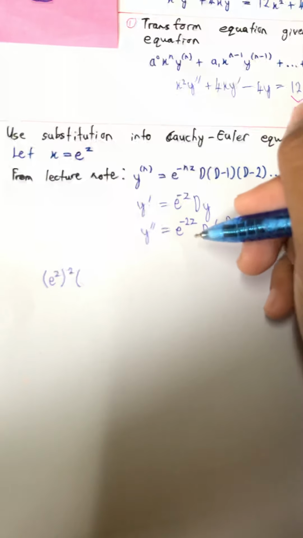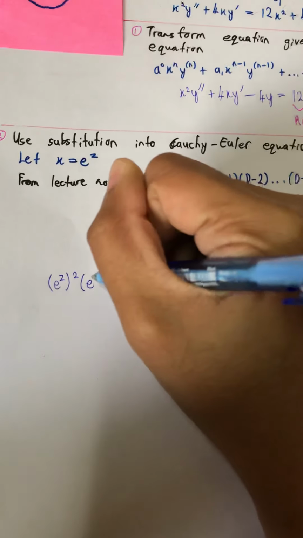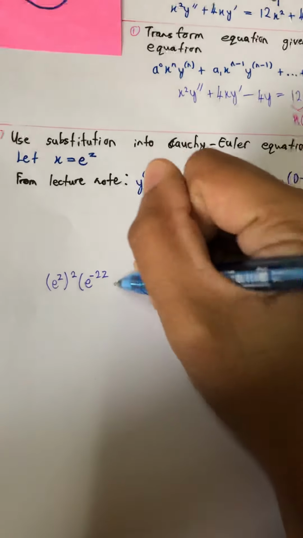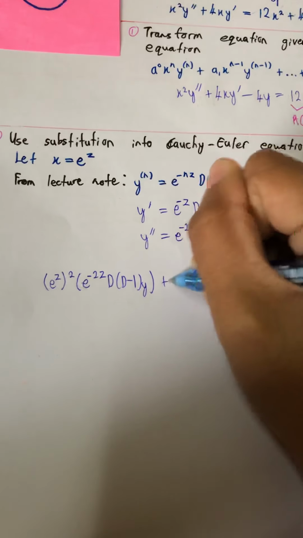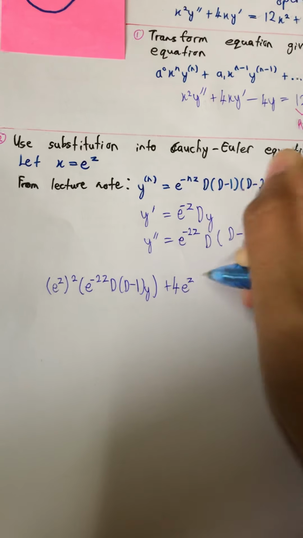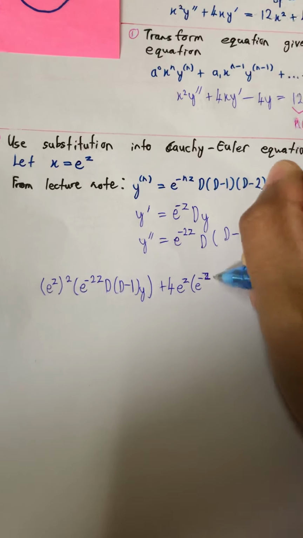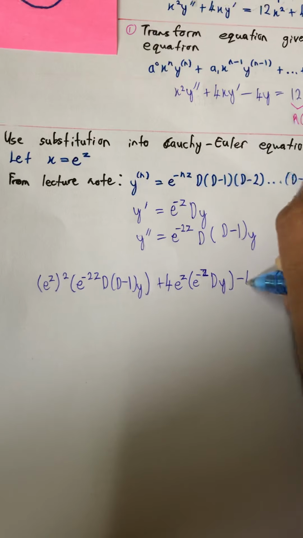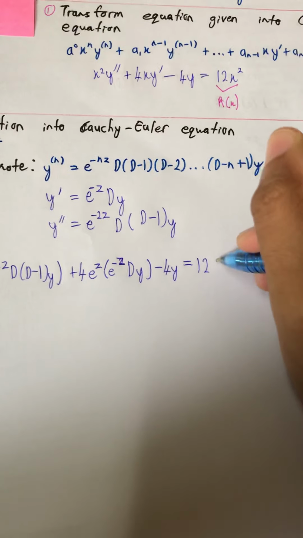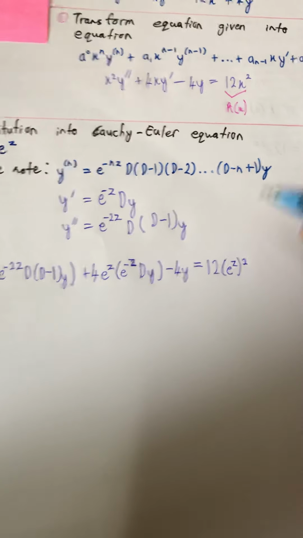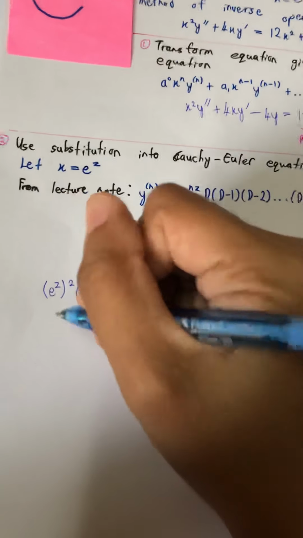Our y double prime is e to the minus 2z, D minus 1, y, and then plus 4x, where our x is e to the z, and y prime is e to the power of minus z, Dy, minus 4y equal to 12x squared, where x is e to the z, squared. Then we simplify this equation as simply as we can.